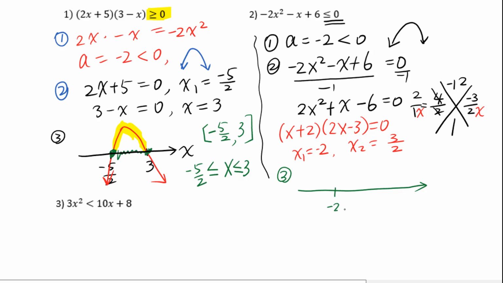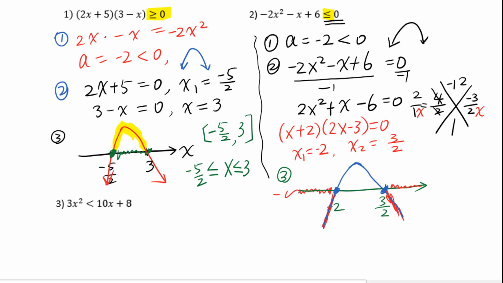We have -2, 3 over 2. Since the graph is open down, and since the inequality is less than or equal to 0, it will be a closed circle. The solution will be the part of the graph below the x-axis, which means this will be the solution.